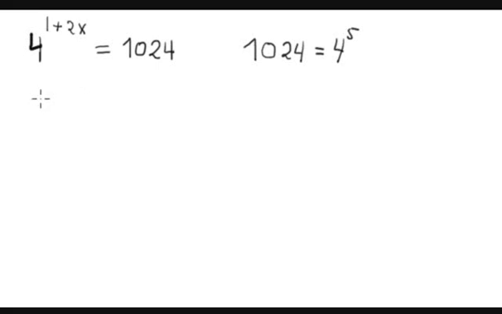Ready. So now you replace: 4 raised to the 1 plus 2x is equal to 4 to the 5th power.